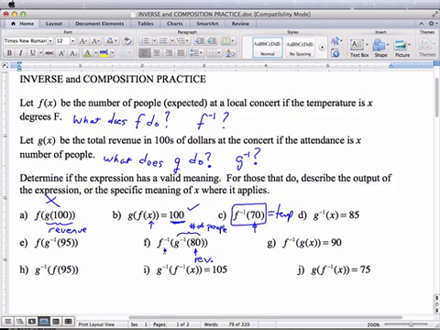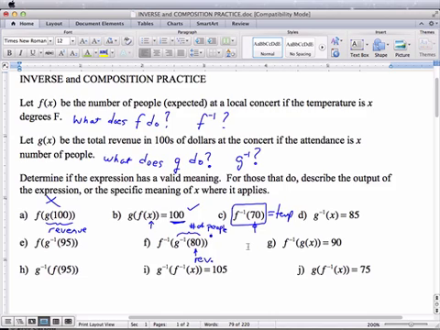Is the input into F inverse number of people? In other words, is the output of F number of people? Yes. So this is the inverse now. So the input into the inverse would be the output of F, and the output of F is number of people. So it works.